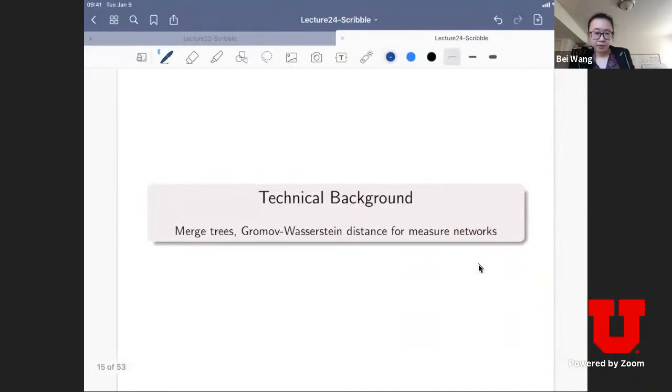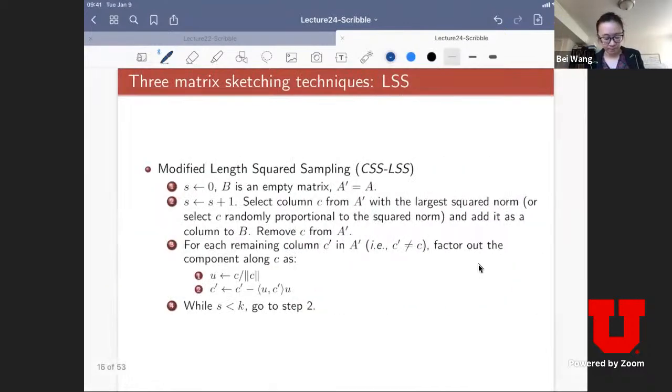How do we actually do this? There's a quick review of merge trees, and then the most important technical part, called Gromov-Wasserstein distance for measure networks, and I will spend some time explaining that. But let's first take a quick look at the matrix sketching techniques.